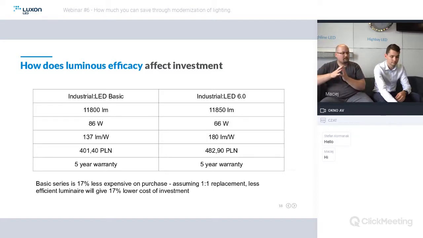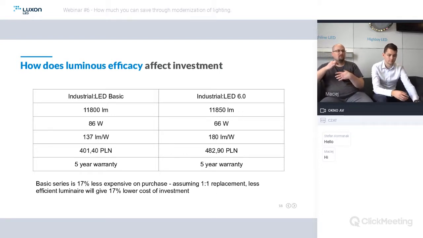So at first glance, you see that the Basic series is 17% cheaper. If you use the same amount of luminaires with the same placement, and if you add the cost of purchase of the lamps and the cost of installation, your investment will be 17% cheaper with the Basic series than with the more expensive, more premium, high efficacy version at first glance in one-to-one replacement.